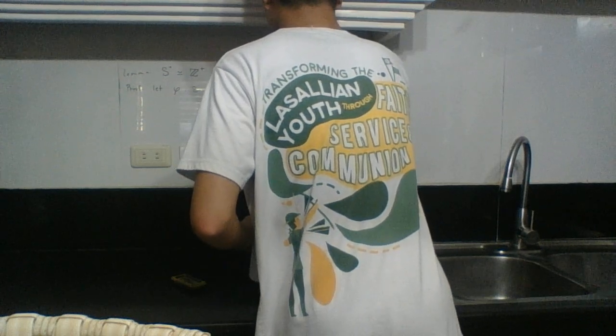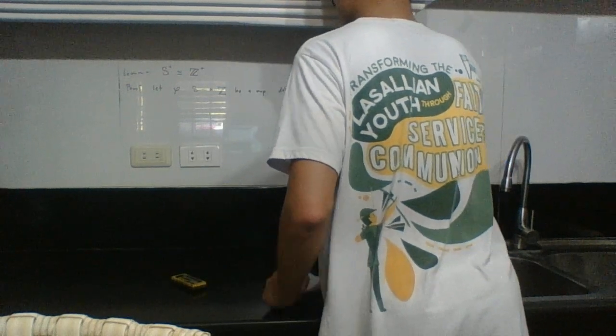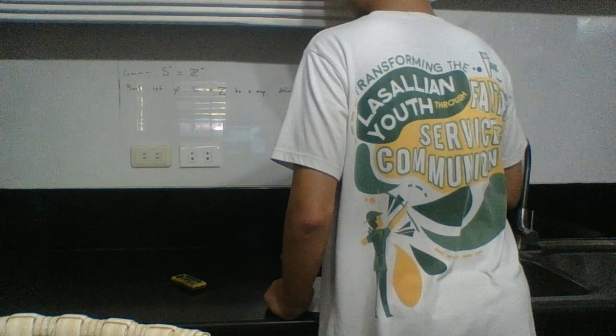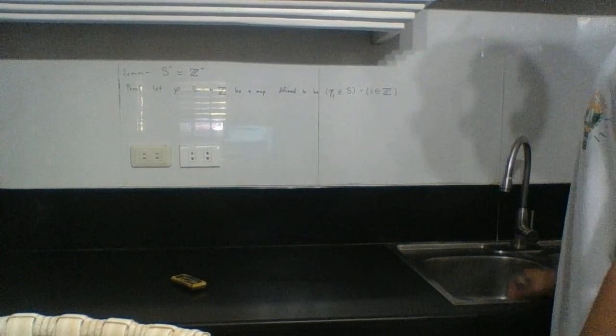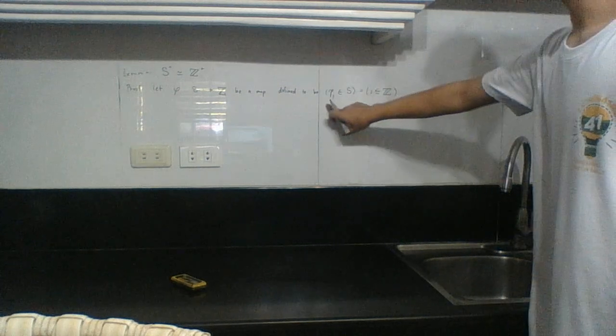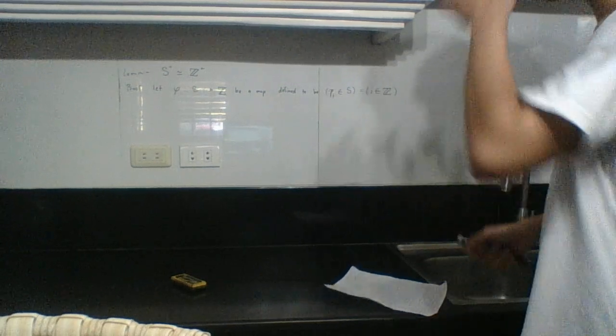Let varphi that goes from S to Z be a map defined to be, for some p sub i inside S, it is equal to an i inside Z. So we're basically just stating the index set here, and we're forming an equivalence relation between elements inside the index set and elements from the index set itself.